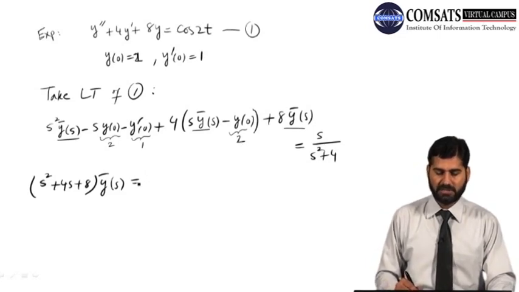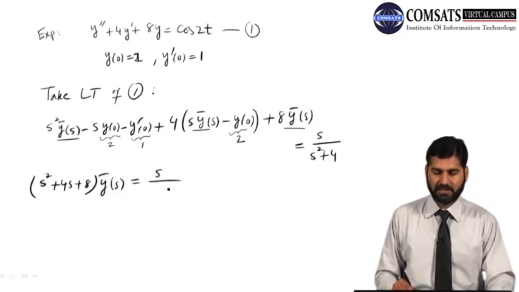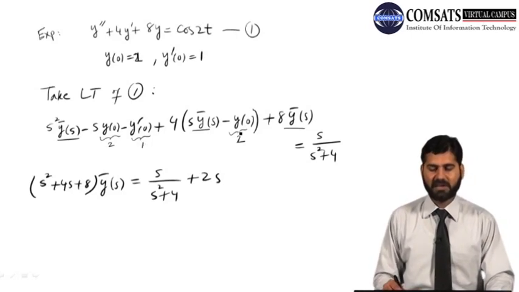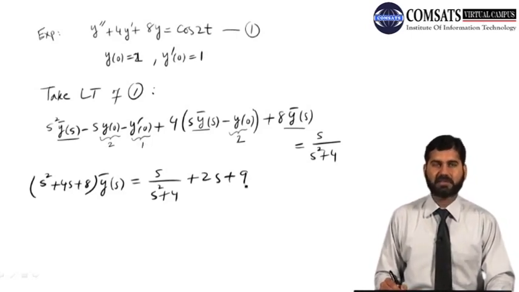All right, so you got s over s squared plus 4 on the right hand side. Minus 2s will become plus 2s on the other side, and minus 1 minus 8 is minus 9, so this will become plus 9.